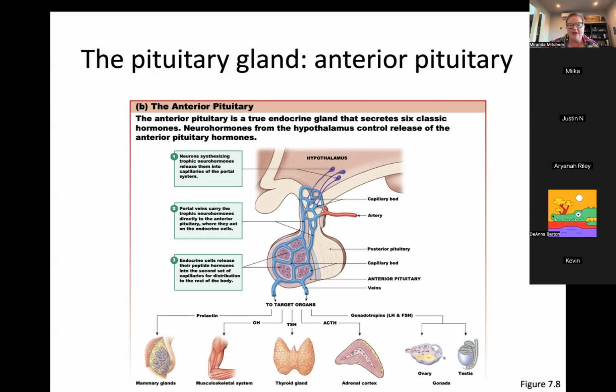Some people will describe these as all growth factors. They're technically not growth factors. We have a growth hormone, but it would be incorrect to say that these are all growth factors, even though they do lead to metabolic responses. They're not growth factors, especially the sex hormones.